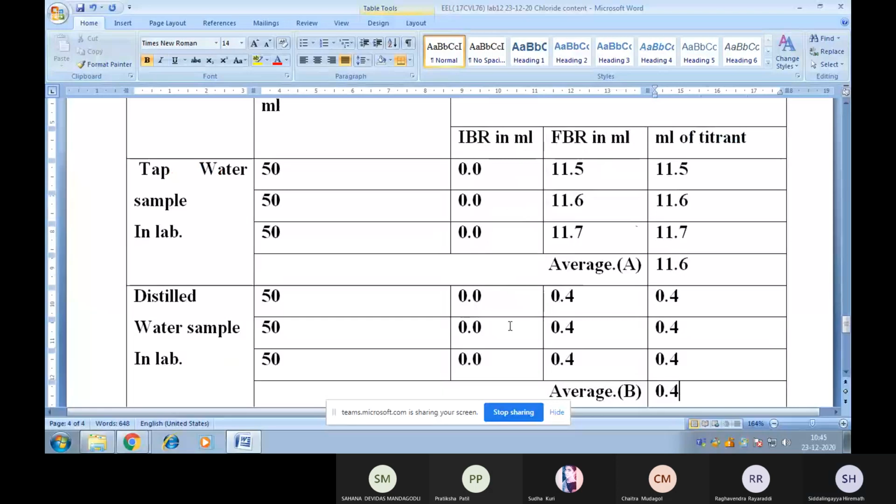Now just calculate this with the help of a calculator.